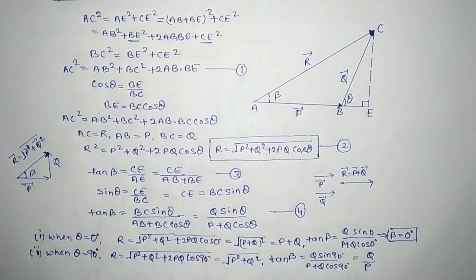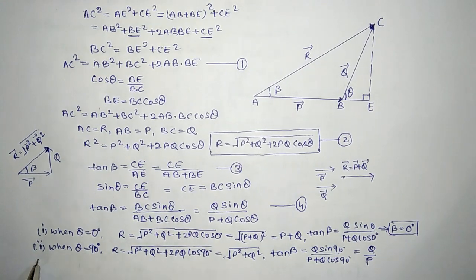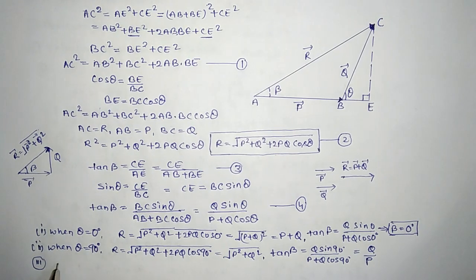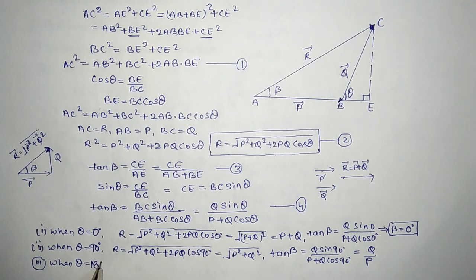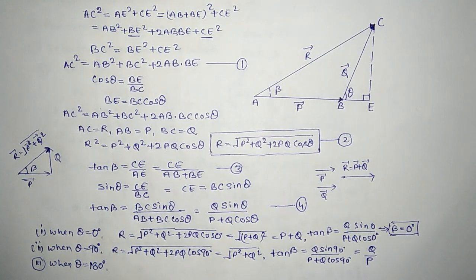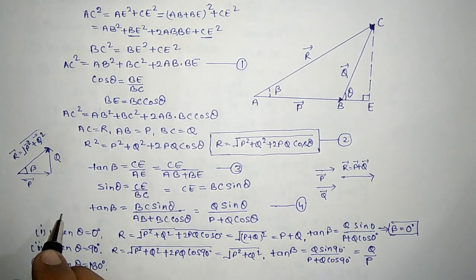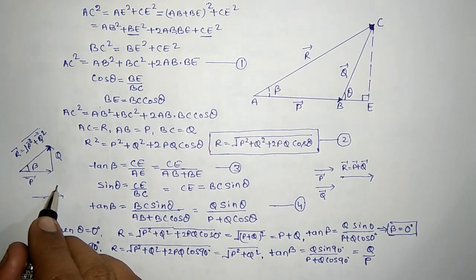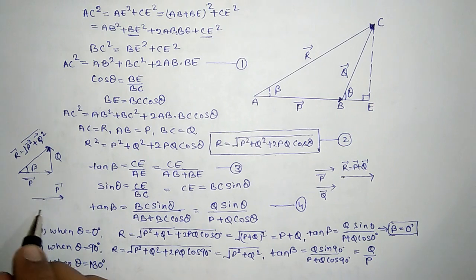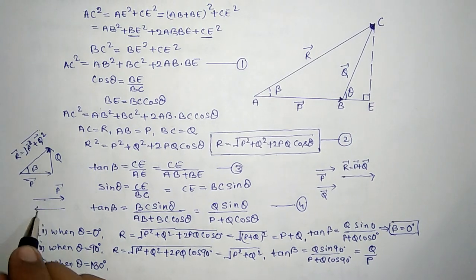Now we have another situation in which theta is equal to 180 degree. This means that the two vectors, here we can see one vector P is acting in this direction, and the other vector is acting in the opposite direction.